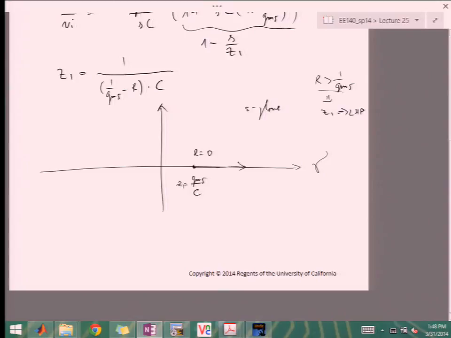As R goes from 0 and starts approaching 1 over GM5, this piece starts being smaller and smaller, which means that 0 increases, right? So as R increases, 0, 1 increases. And so it will be 0, 1 will be infinity for R equal 1 over GM5, right? And then we'll sort of come back from infinity into minus infinity and start going this way for R greater than 1 over GM5.